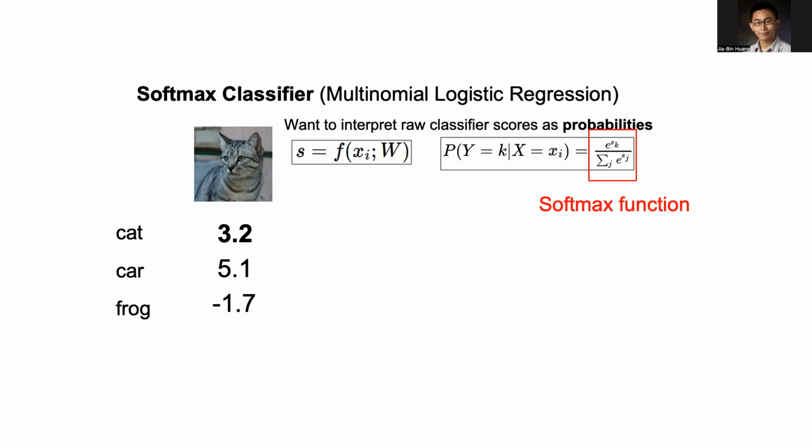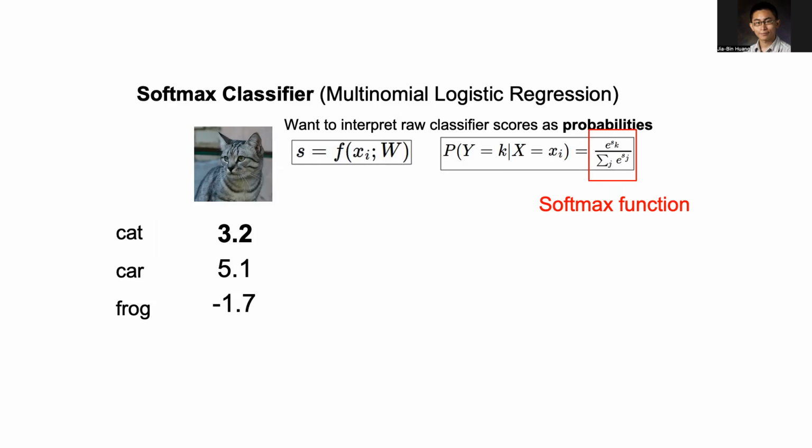The way we do this is the following. Because these scores come from a dot product between a matrix and a vector, they could be positive and negative. So the first step is to think about how to fix that, because a probability distribution must be positive, right? There's no such thing as a negative probability of a certain class.